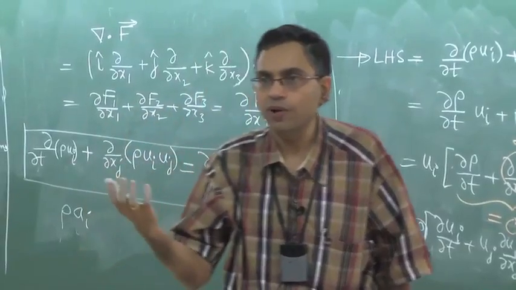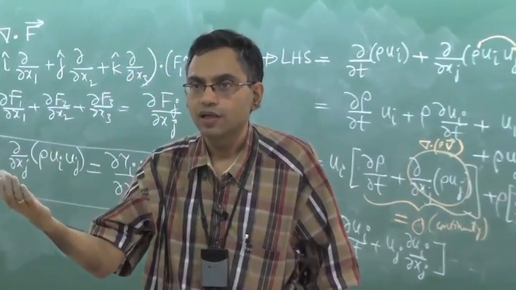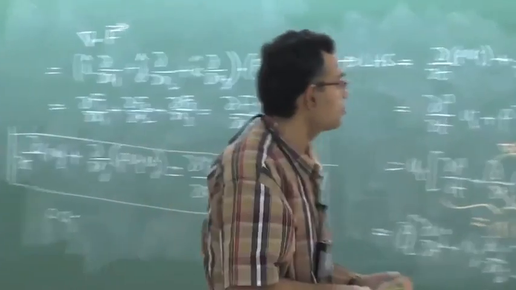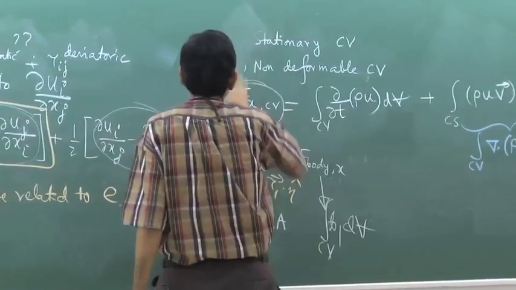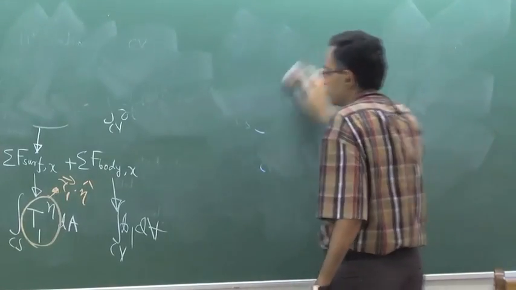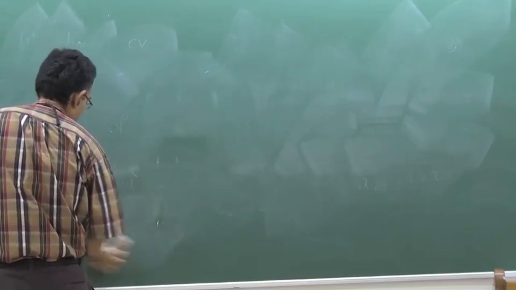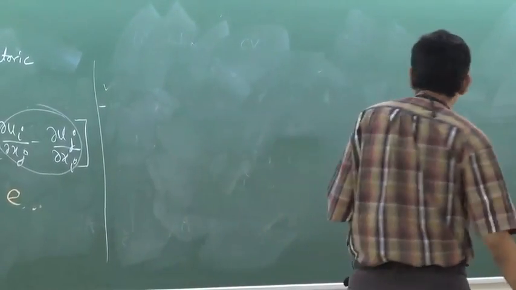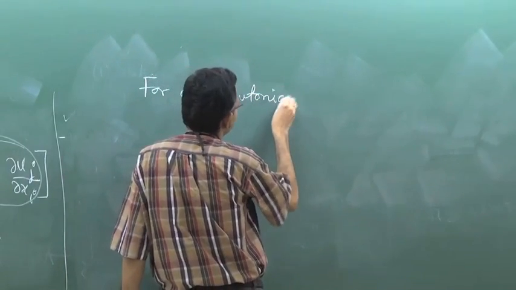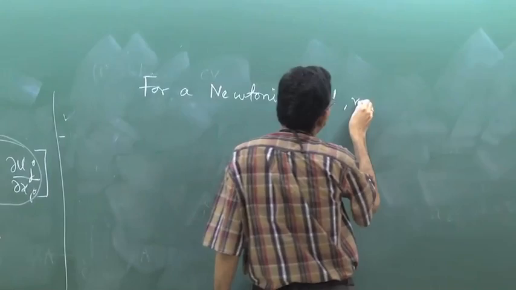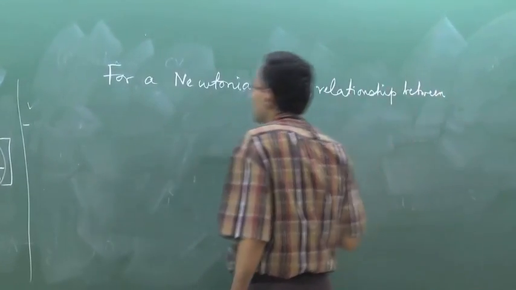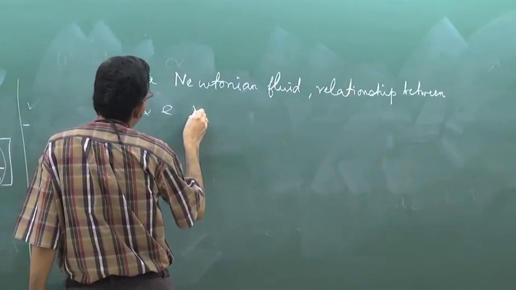If you are considering a Newtonian fluid, then tau is linearly related to E. For a Newtonian fluid, the definition is that tau is linearly related to E. So for a Newtonian fluid, the relationship between tau and E must be linear.